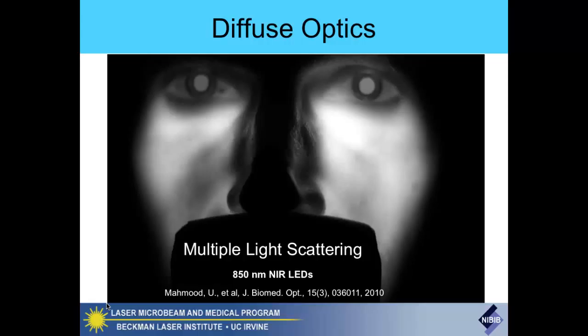So even the Bayer filters are on this camera. And I'm being illuminated from within by 850 nanometer near-infrared LEDs. So there's no outside light source. Everything is dark. The only light that's on are these LEDs, and they're stuck in a little device with a battery, so it's totally handheld.